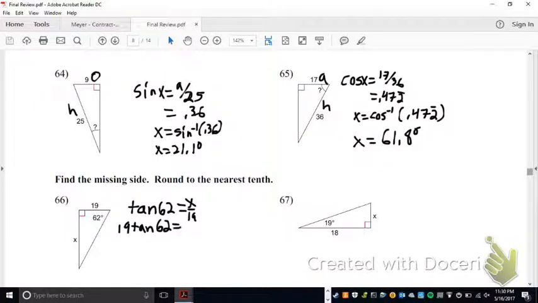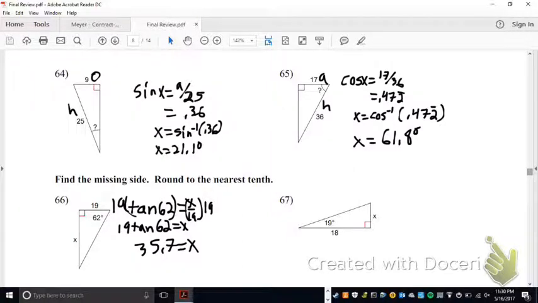So X equals 19 tangent 62. Plug that into our calculator, and we get 35.7 equals X. Again, if you're rounding a little bit differently than me, you might get a slightly different answer, and that's okay. If you're a couple points off, so if you're at 35.1, 35.3, that's fine. If you get 70, worry, go back, double check your work.